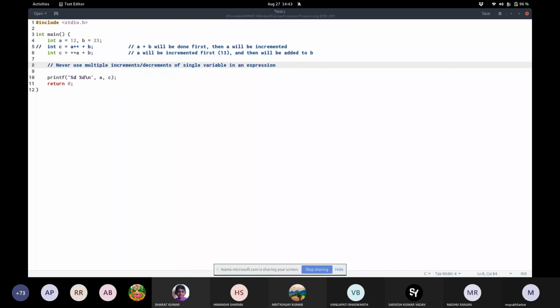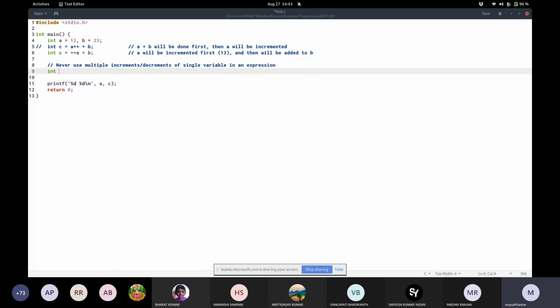You may be tempted to check what happens with a plus plus plus plus a or something like that, but the fact is its behavior is compiler dependent. How the compiler will generate the corresponding assembly code, it is dependent upon that.